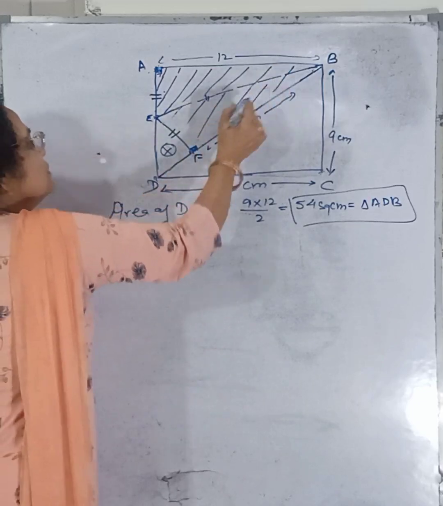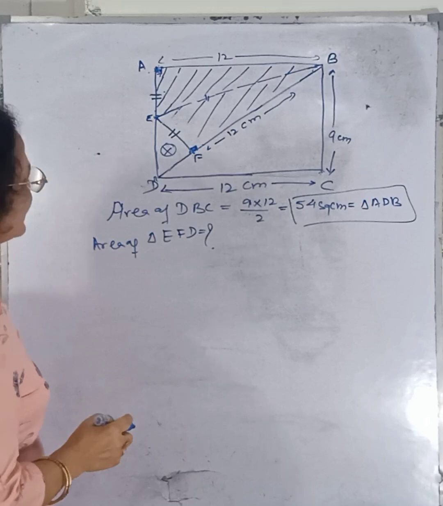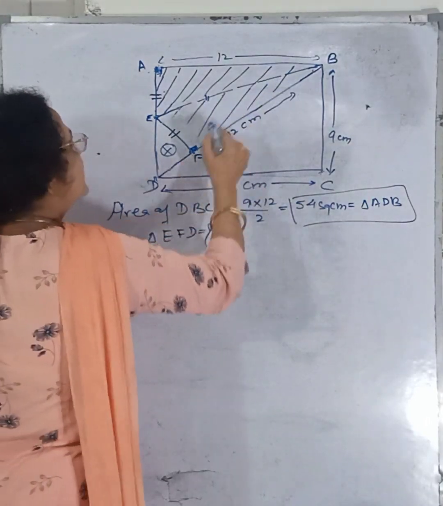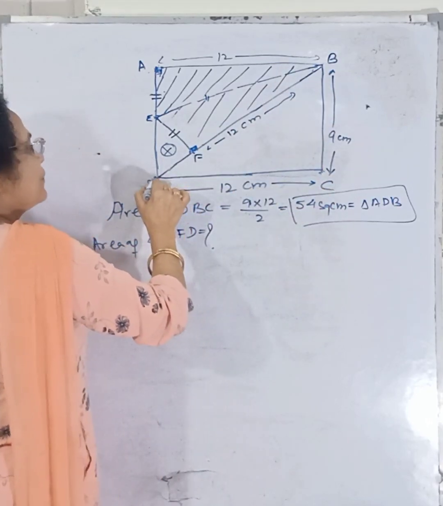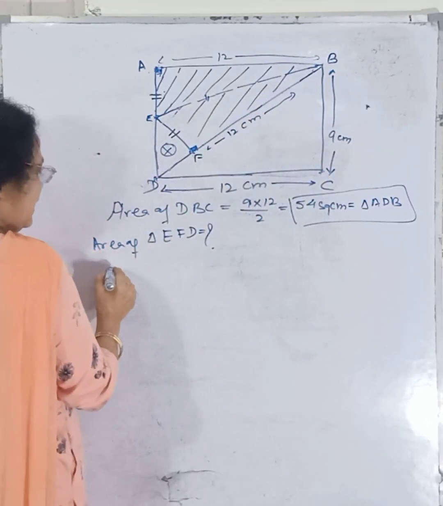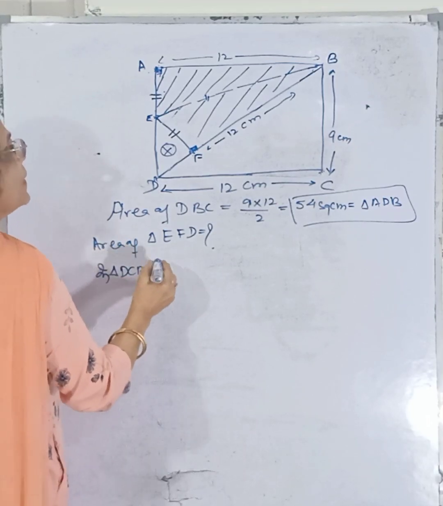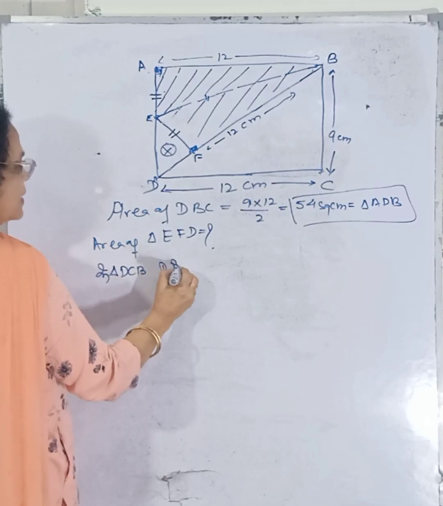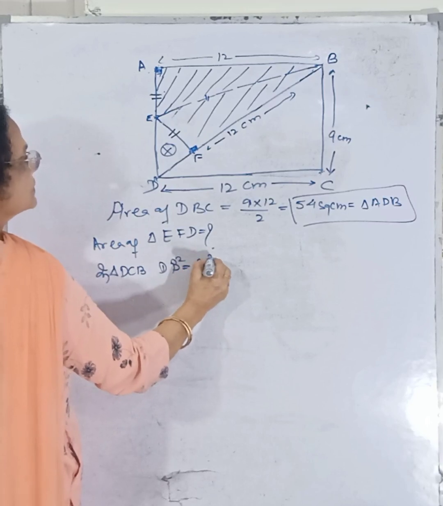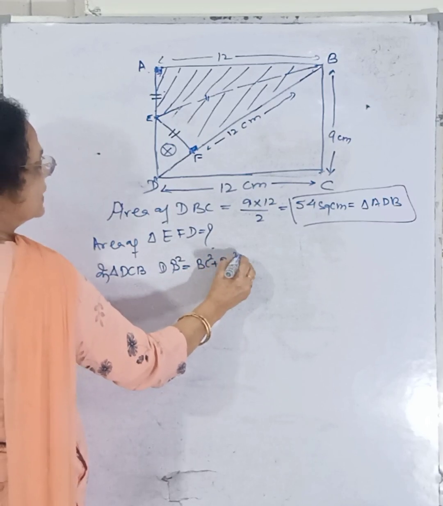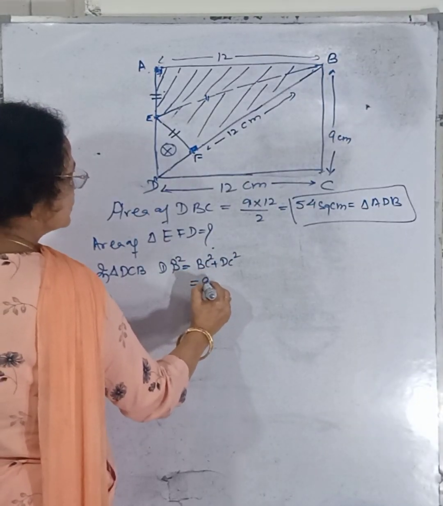Now what about DF? First of all, let us apply the Pythagoras theorem to find the whole length of DB in triangle DCB. DB square will be equal to BC square plus DC square. BC square is 9 square, which is 81.